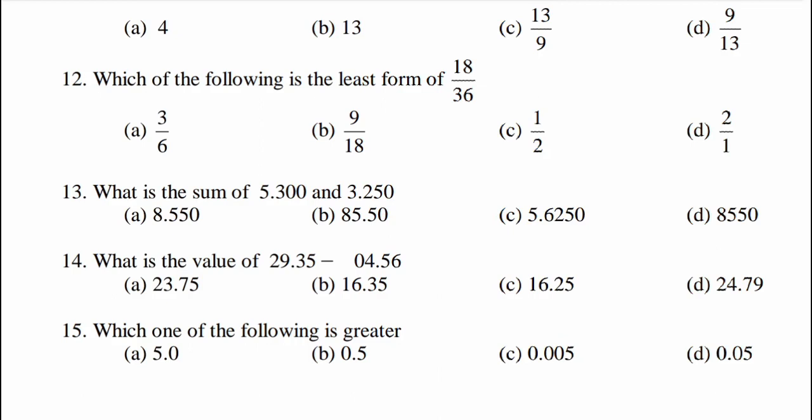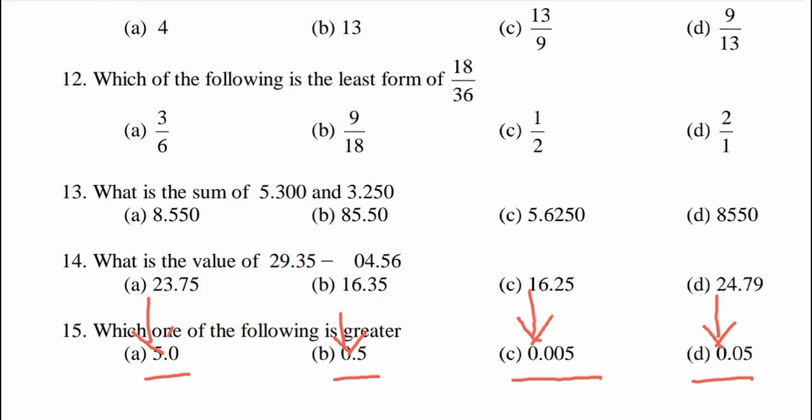Question number 15. Which one of the following is greater? 5.0, 0.5, 0.005, 0.05. So as we know, if the number before the decimal point is greater, then you can say that this particular number is greater.